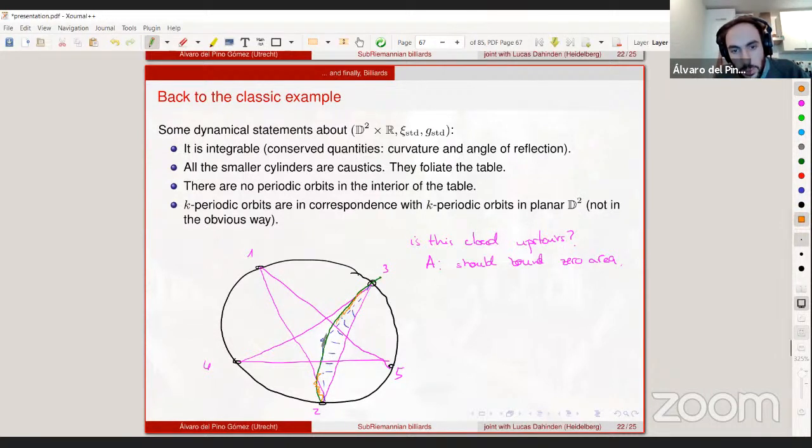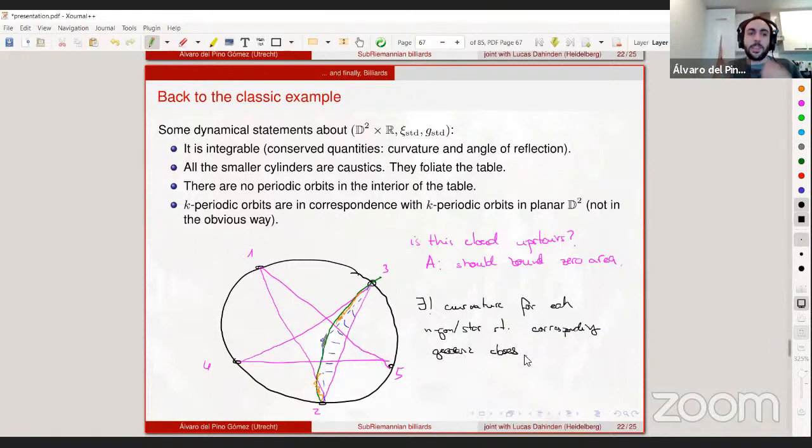These two have the same sign, and the gray part has a different sign. And there's a unique curvature that realizes this. So this says there exists a unique curvature for each n-gon, or let's say a star, such that the corresponding geodesic closes.